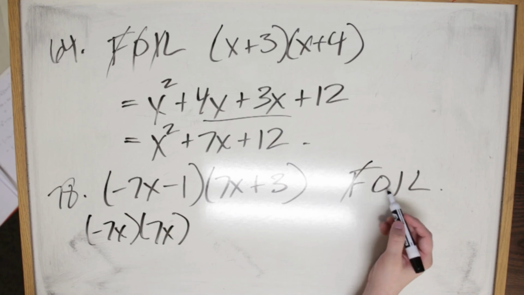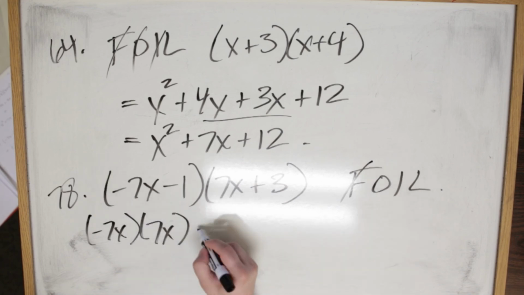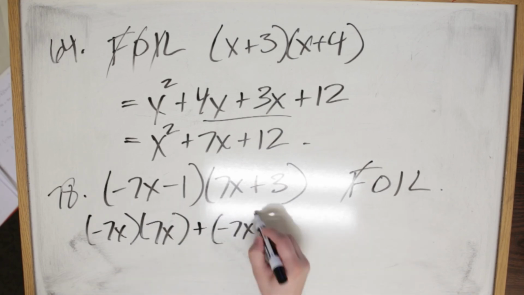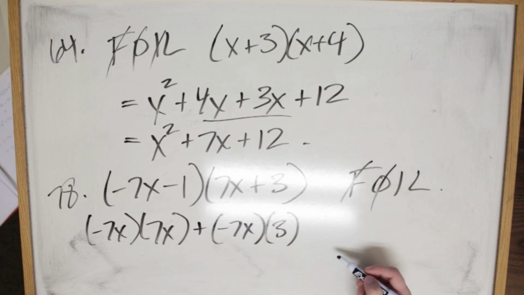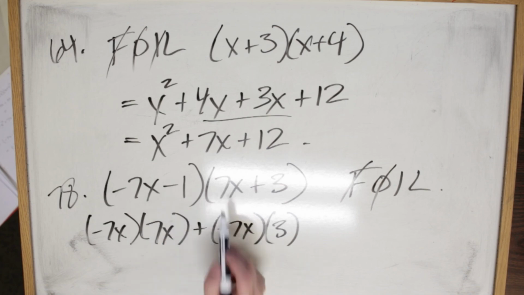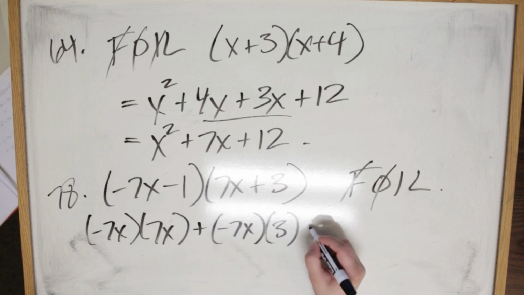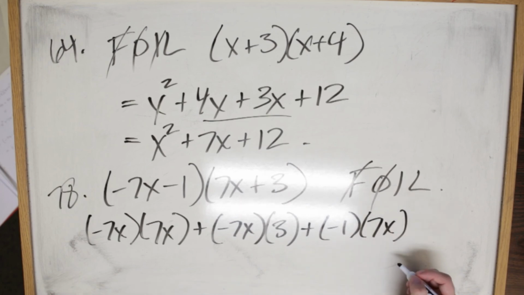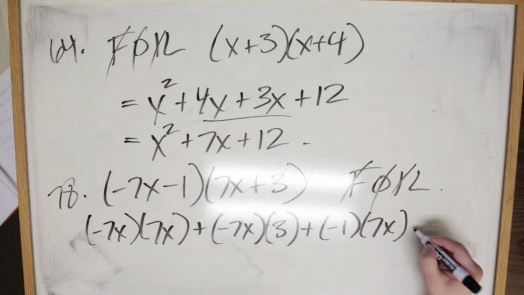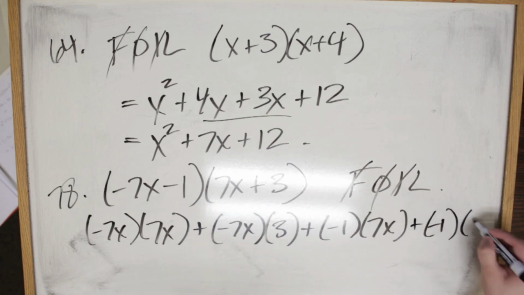There's the first. The outside is minus 7x times a 3. The inside is minus 1 times a 7x. And the last is minus 1 times a positive 3.